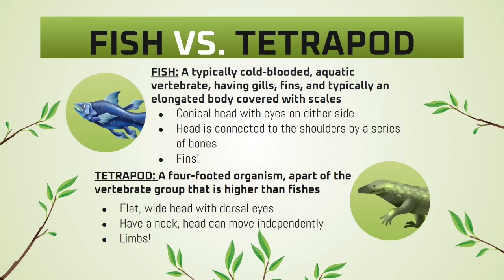Now focusing on tetrapods, a four-footed organism, a part of the vertebrate group that is a bit higher than fishes. They have a flat, wide head with dorsal eyes, have a neck and head that can move independently, and of course, limbs.